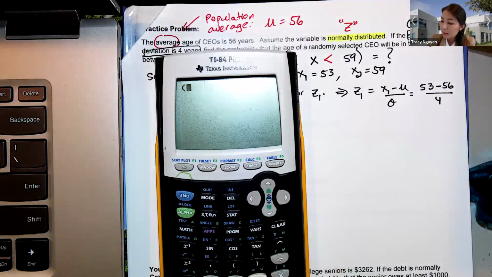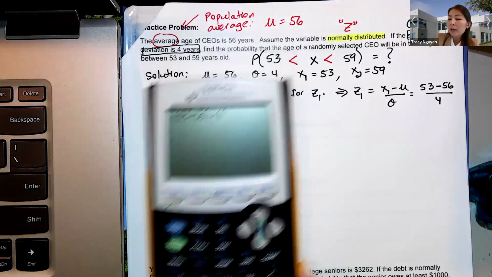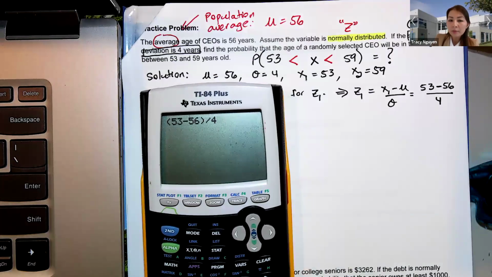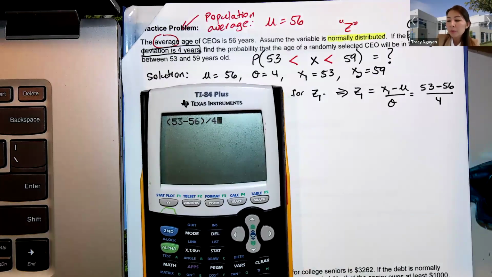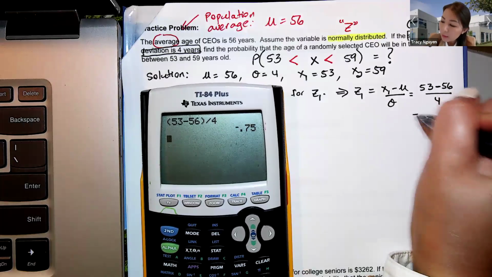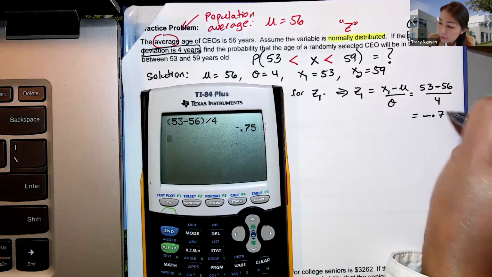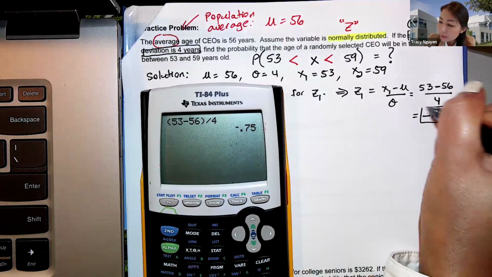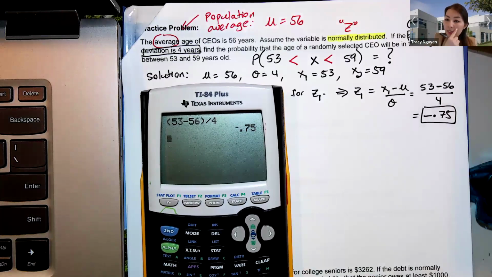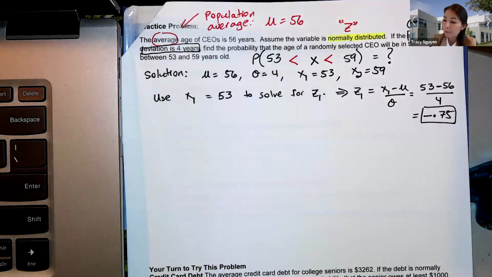Open parentheses, 53 minus 56, close it, divided by 4. Now, not every single z value you have to do the rounding. It's possible you have a terminating decimal. So when we press enter here, we get negative 0.75. This is our first z value.